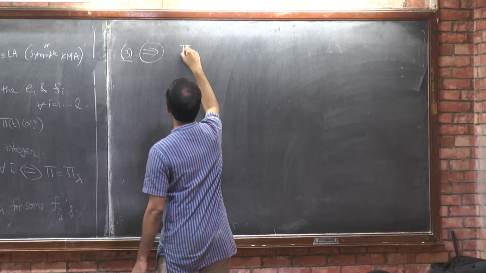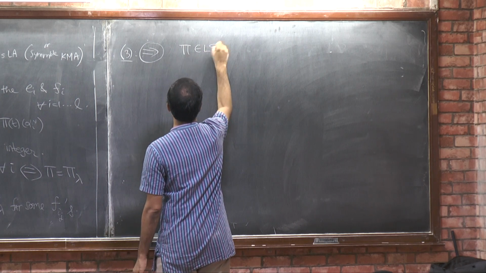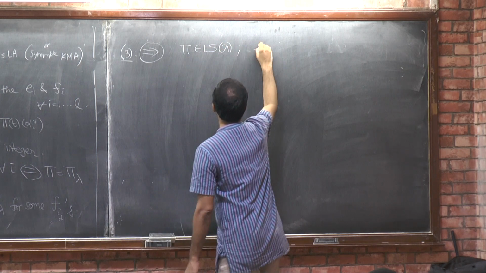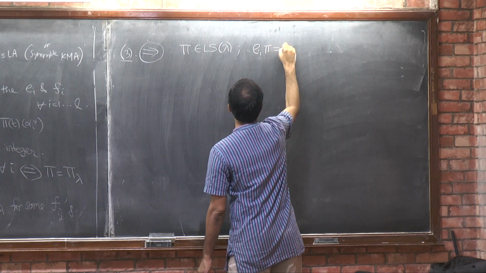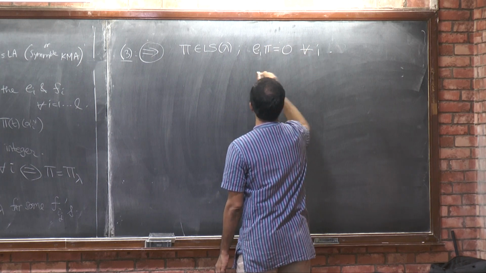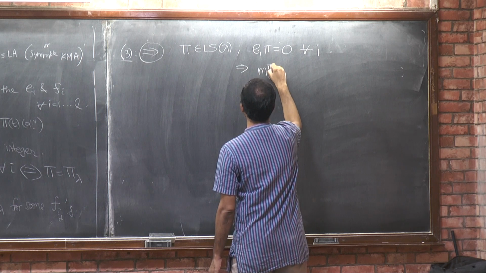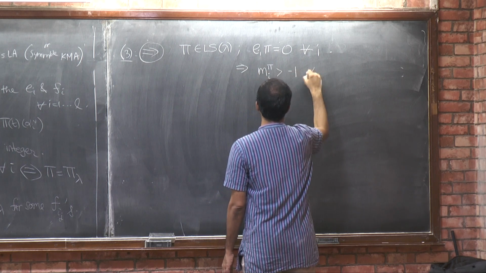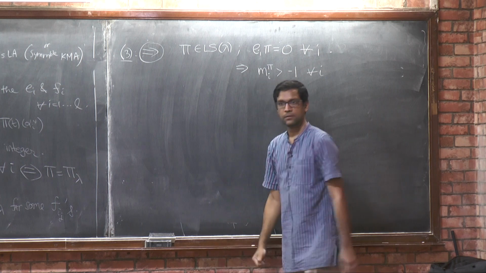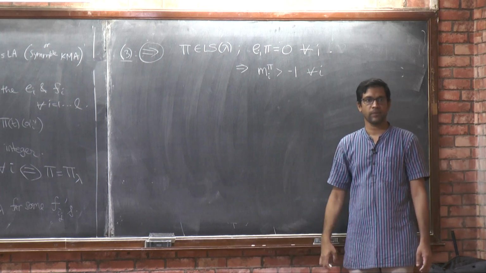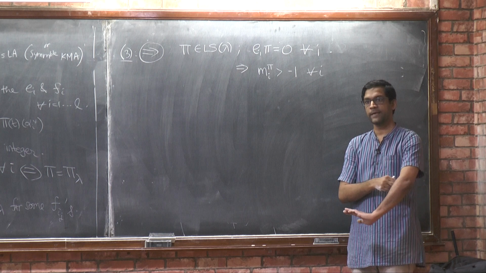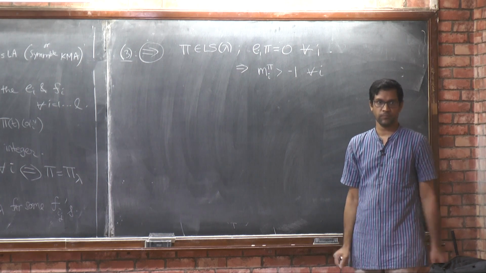So let's take a pi in LS lambda, and it's killed by all the ei's. Now what does being killed by all the ei's mean? mi pi is greater than minus 1. This is when a path is killed by the ei's: when the minimum value it attains is strictly bigger than minus 1.